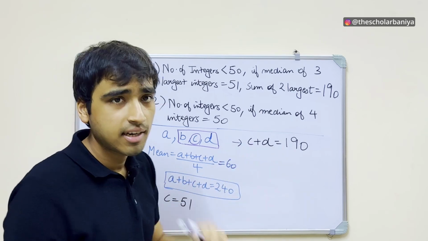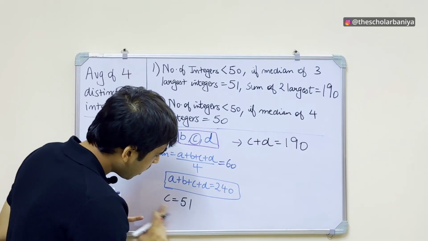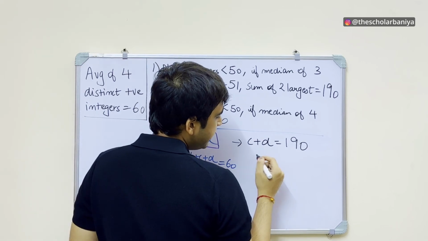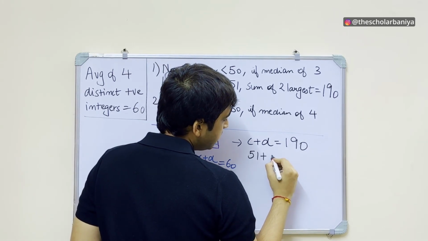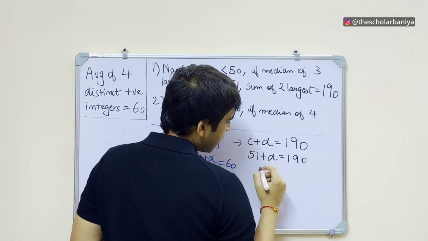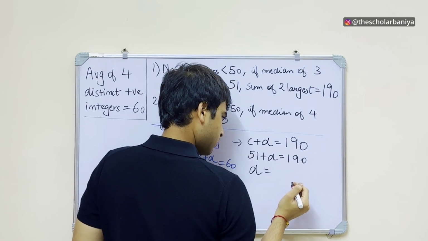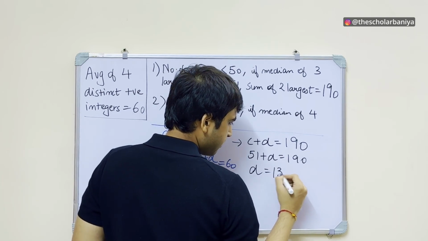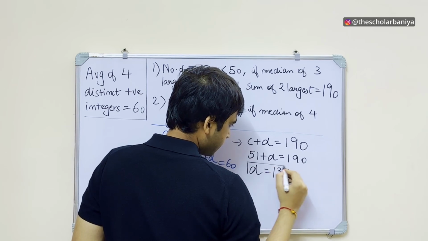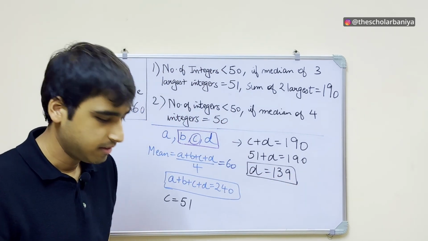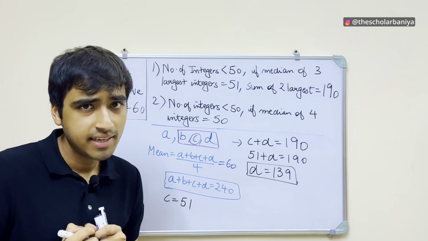So c + d = 190. But we know c is 51, so 51 + d = 190. So d is 139. I hope this is very clear.